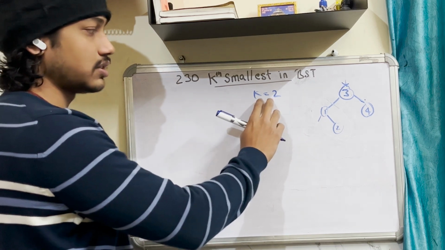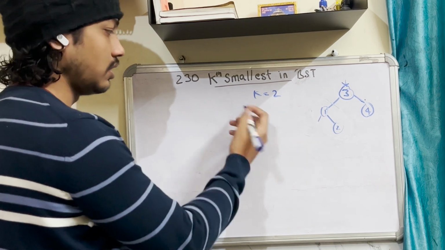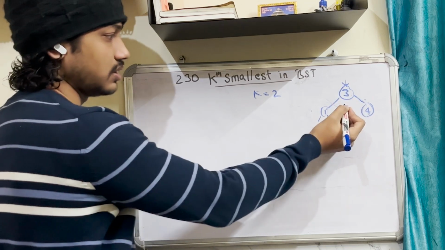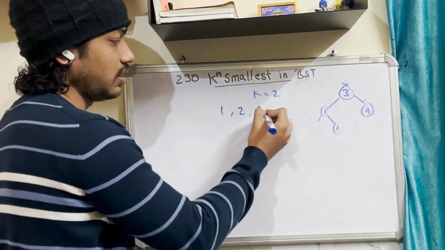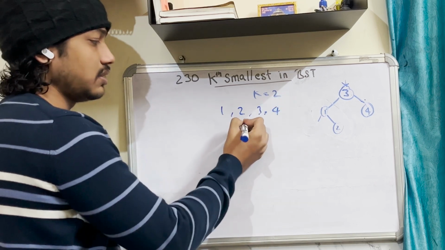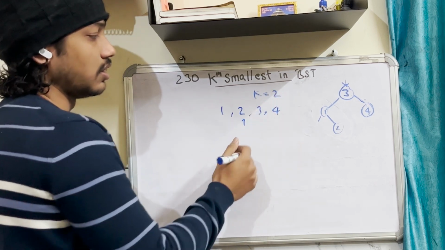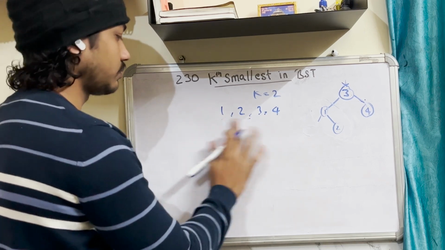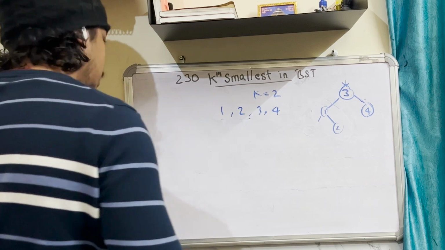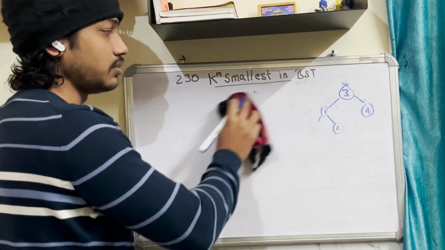Like if we talk about the second smallest value, the values in this binary search tree are 1, 2, 3, 4. The second smallest value is 2. If we talk about the first smallest value, it can be 1. And so on. So now you know what we have to do. Basically, the question is how to do it.